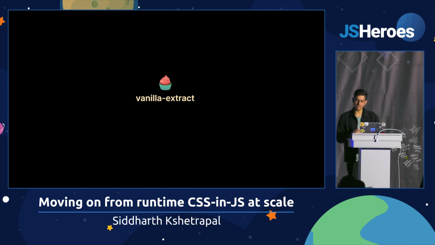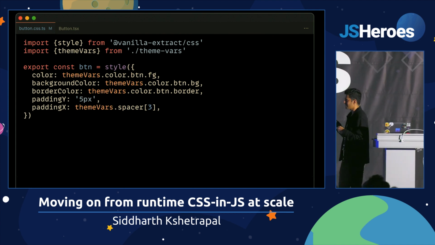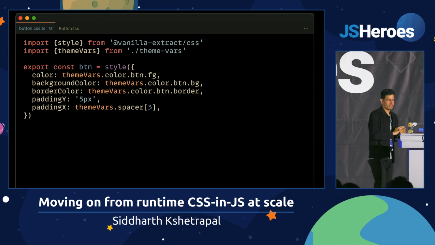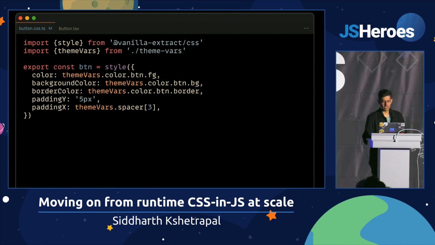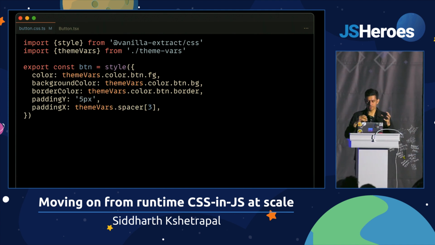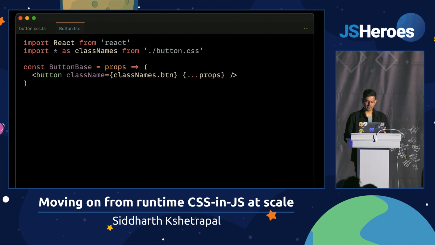So there's vanilla-extract, where the idea is that you write your styles in a .css.ts file. So you're writing styles like CSS, but you're writing it in TypeScript, and it's very strictly typed. Which makes it very statically compilable, and then vanilla-extract can actually pull this out into a CSS file ahead of time.